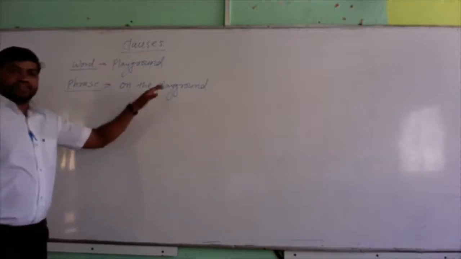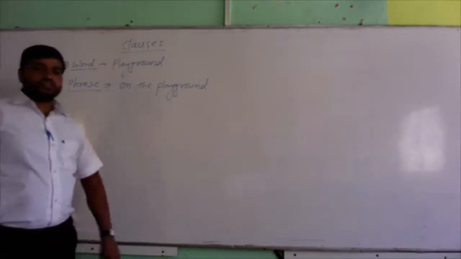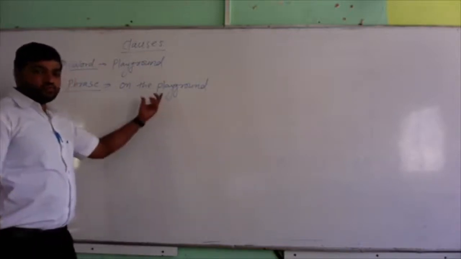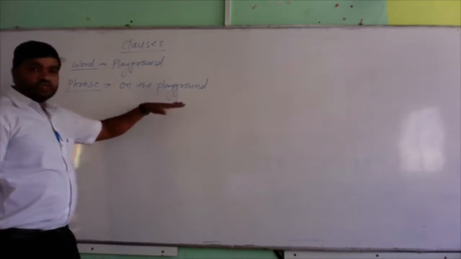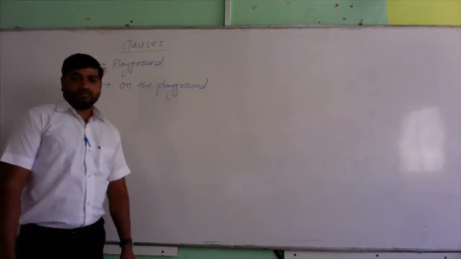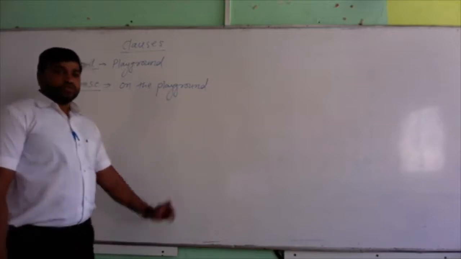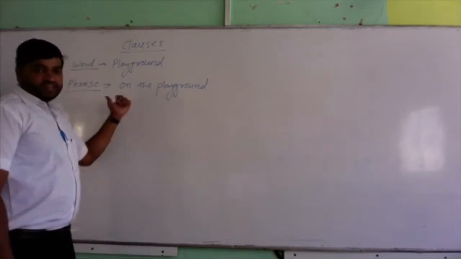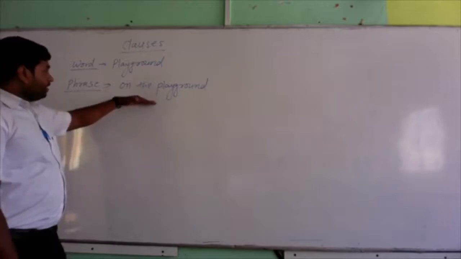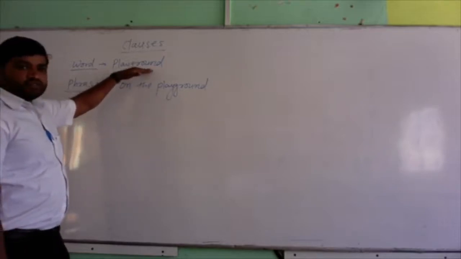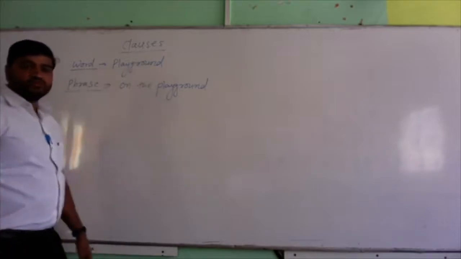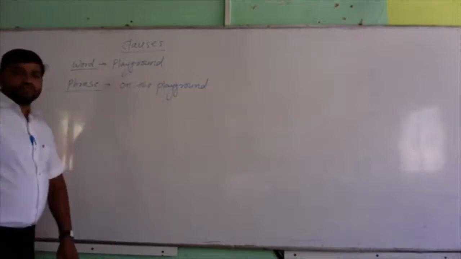As you know, the definition of a phrase is a group of words that doesn't have a subject and predicate. It's only a group of words. We make this phrase with the help of one simple word, playground.